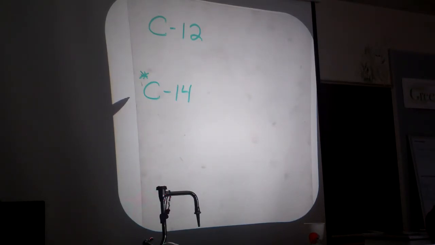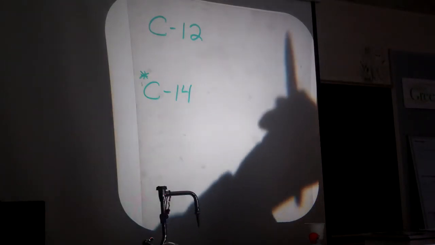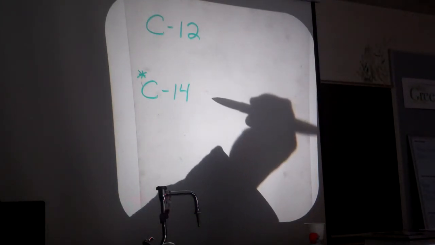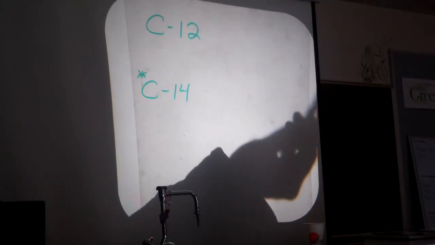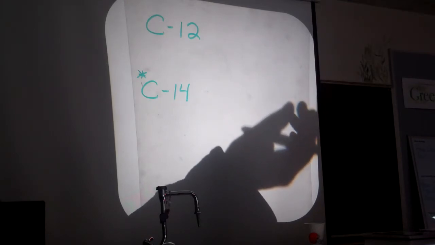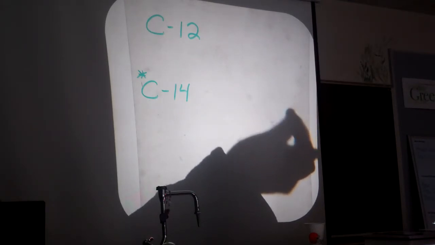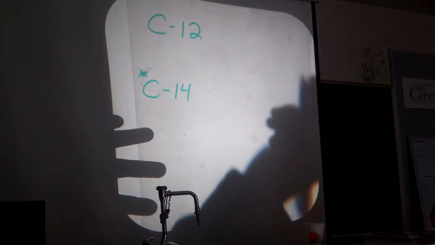This is what I want you to do. Remember last year you had to draw all those pictures of atoms with the little energy levels, and you had to fill in little dots. I want you to draw me an atom for each of these, showing me where the protons, neutrons, and electrons would be. Go. You should have no problem with this.